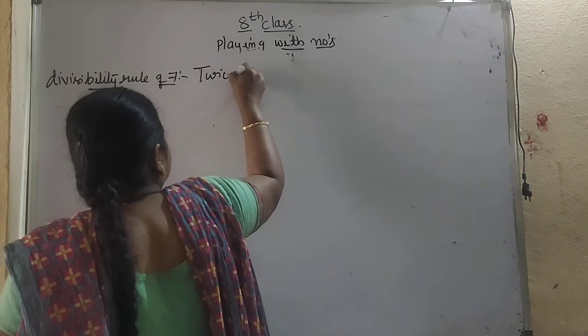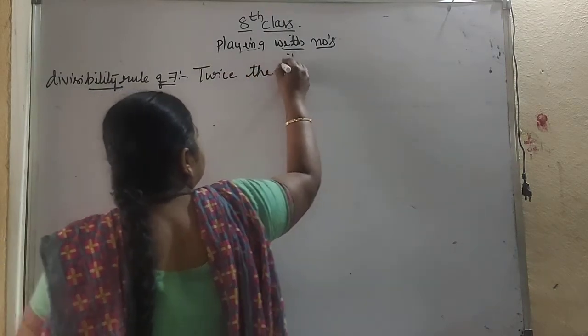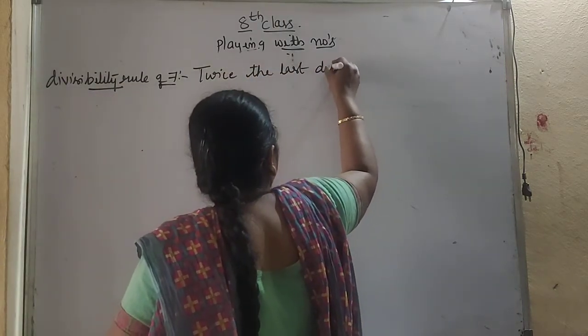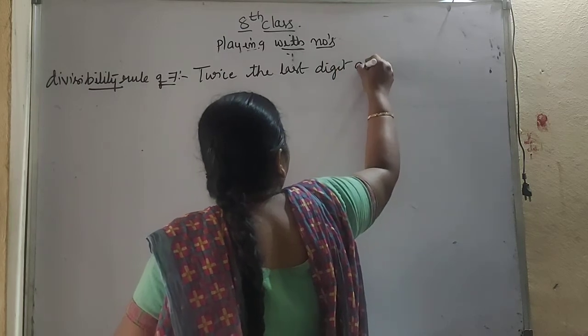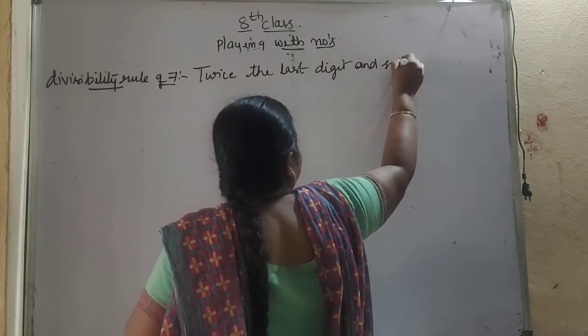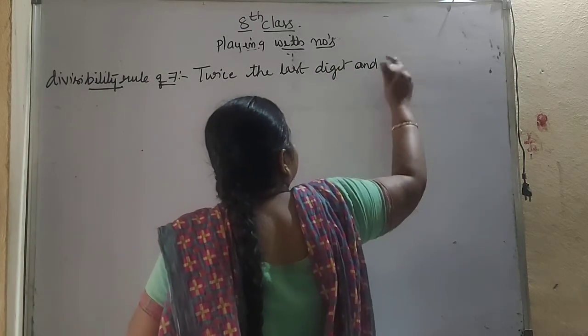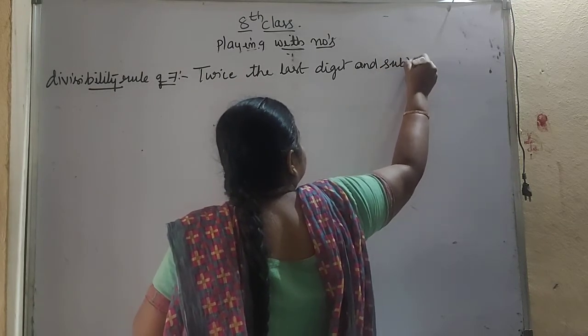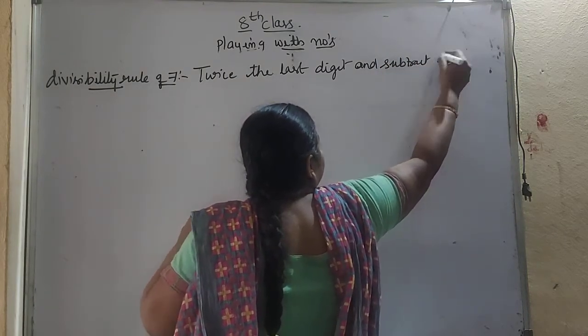Double the last digit and subtract it from the remaining number.